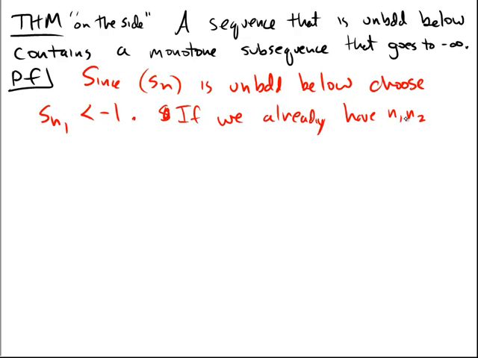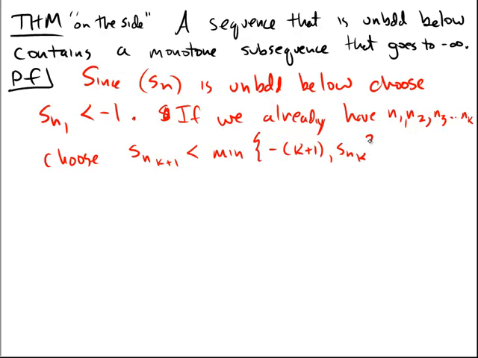If we already have values n1, n2, n3 up through nk, we will choose S sub n sub k plus 1 to be the minimum of the opposite of k plus 1 and S sub n sub k.